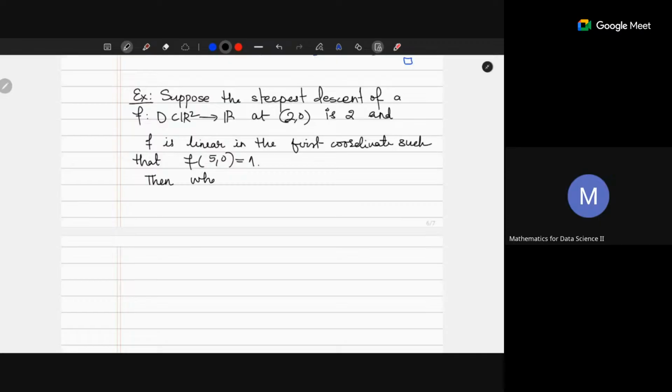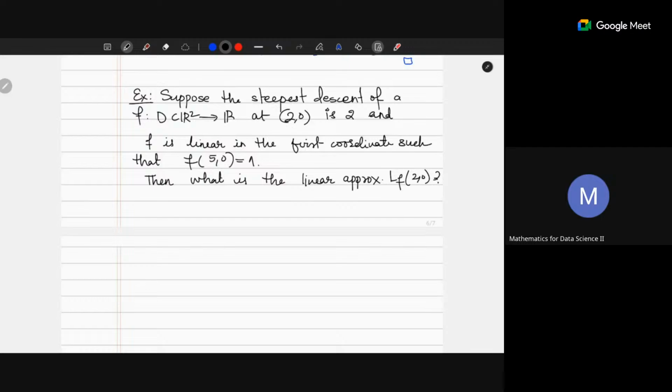Then what is the linear approximation? So what is the linear approximation L f at 2 comma 0?